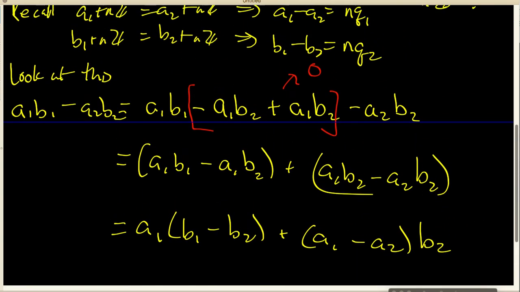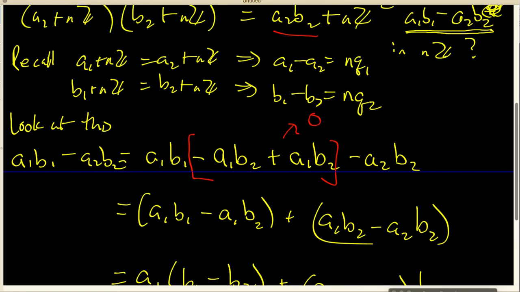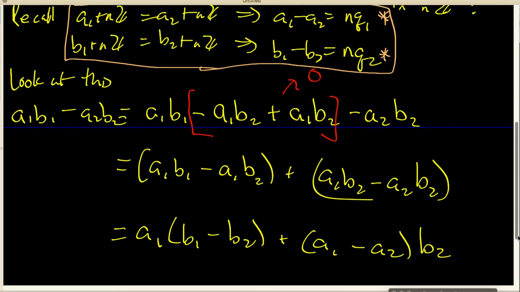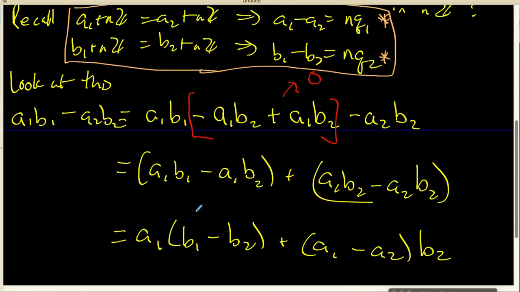Now recall these two facts. This fact here and this fact here both get substituted in the expression that we're looking at. This mess here is n times Q2, and this mess is n times Q1.